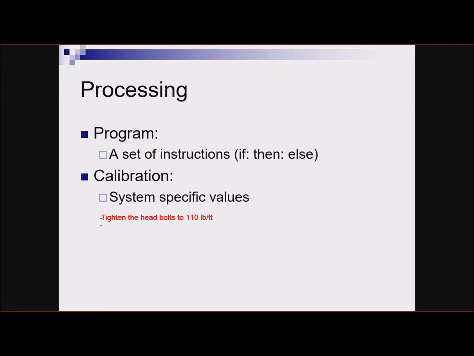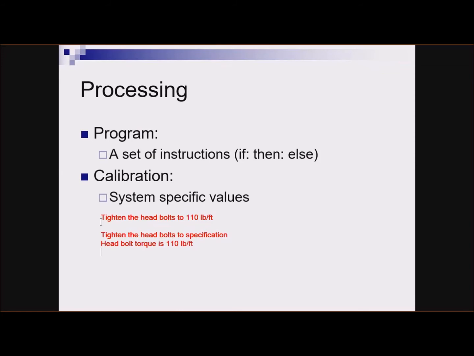Another way to do it would be to say, tighten the head bolts to specification. And then somewhere else, the specification would say, head bolt torque is 110 foot-pounds, right?